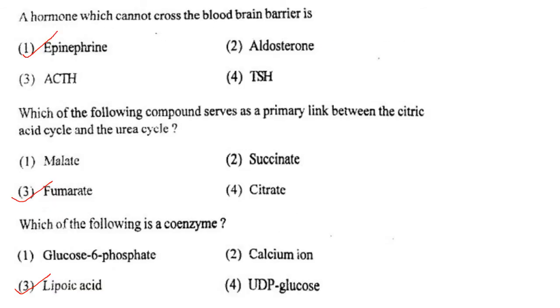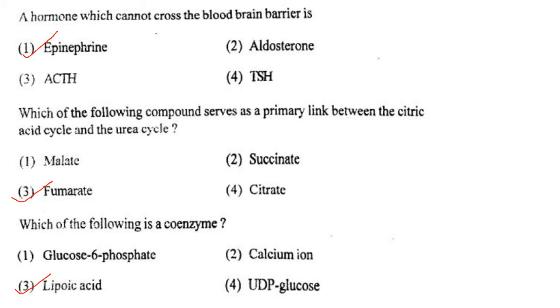Next one. Insulin stimulates: 1, hepatic glycogenolysis; 2, hepatic glycogenesis; 3, lipolysis; 4, gluconeogenesis. Answer is hepatic glycogenesis. A hormone which cannot cross the blood-brain barrier is: option 1, epinephrine; 2, aldosterone; 3, ACTH; 4, TSH. Answer is option 1, epinephrine. Which of the following compounds serves as a primary link between the citric acid cycle and the urea cycle? Option 1, malate; 2, succinate; 3, fumarate; 4, citrate. Answer is option 3, fumarate.